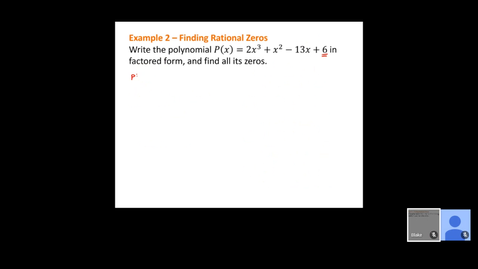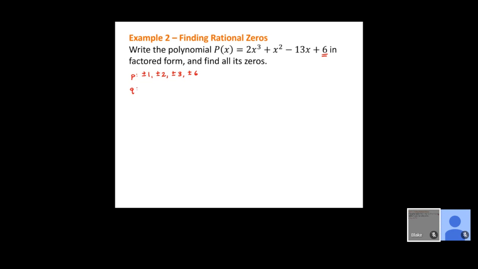Well, factors of 6, and remember, it's always going to be plus or minus. You have plus or minus 1, plus or minus 2, plus or minus 3, and plus or minus 6. Because 1 times 6 would give us 6, 2 times 3 would also give us 6. In this case, we could have some combination of negatives and positives that would still give us a positive 6.